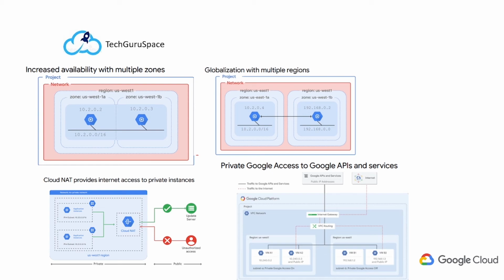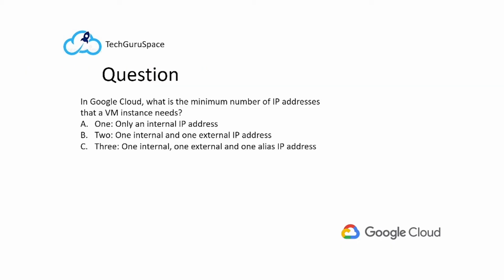That's why VMs A2 and B2 can access Google APIs and services. The only VM that can't access those APIs and services is VM B1. The VM has no public IP address and it is in a subnet where private Google access is also disabled.